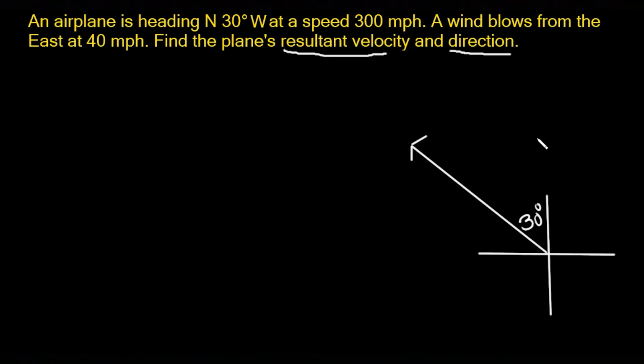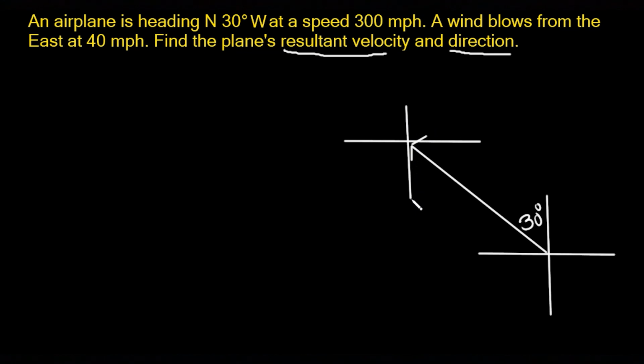Okay, good. From here, we have to put on our next vector. It says a wind blows from the east at 40 miles per hour. So from here, you want to put on another coordinate grid. Now think about it: the tip of this vector right here, what quadrant is it going to fall in if you draw another coordinate grid? Well, that's going to fall in the fourth quadrant. So when you put on your new coordinate grid, the tip of that last vector is right in the fourth quadrant, like that.